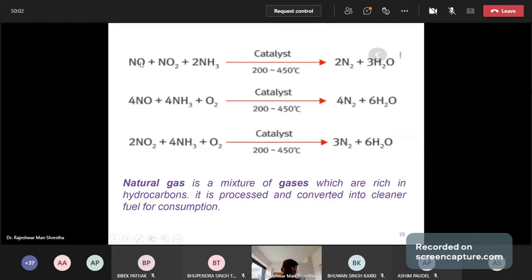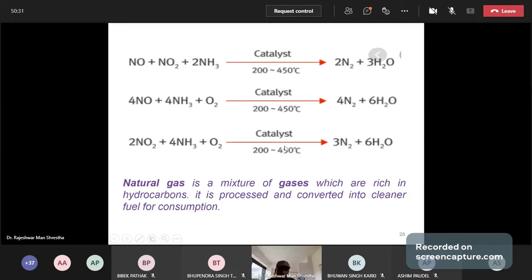The oxides of nitrogen, nitric oxide and nitrogen dioxide, react with ammonia in the catalyst, and nitrogen gas, which is a neutral, inert gas, is formed. Nitric oxide reacts with ammonia and oxygen in the catalyst and turns into nitrogen gas and water. In this way, nitrogen dioxide gas reacts with ammonia in place of oxygen and forms nitrogen.